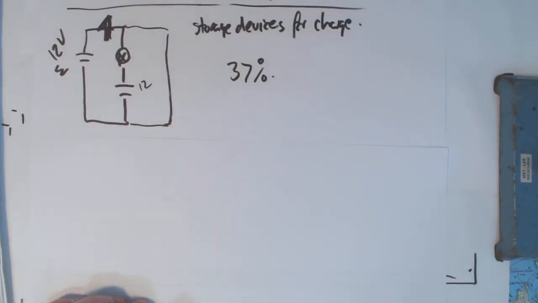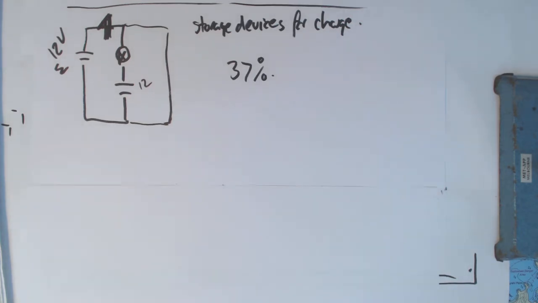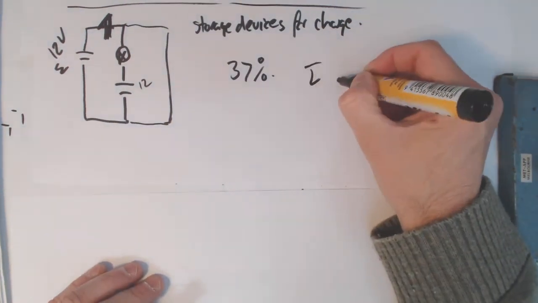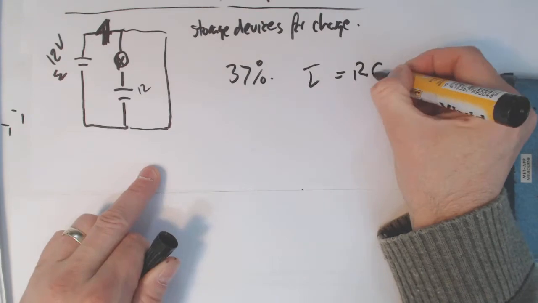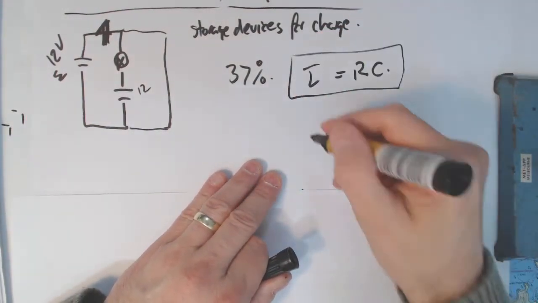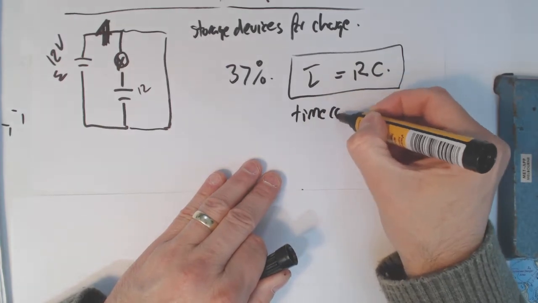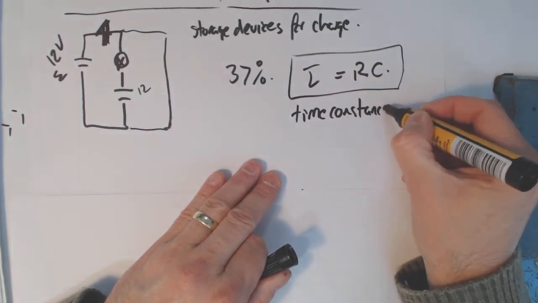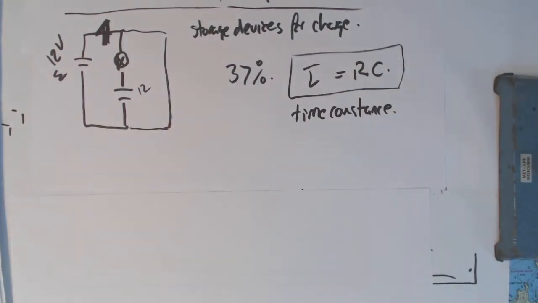And what am I talking about here? I'm talking about something that is called time constant. Now, time constant, the formula for it is RC. Resistance in ohms times capacitance in farads will give you a number in seconds, and it's called the time constant.